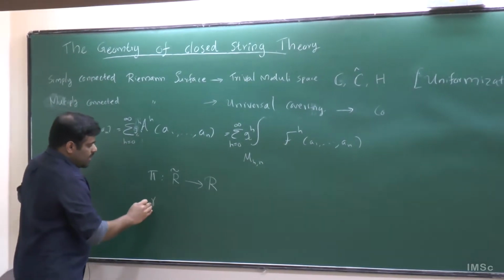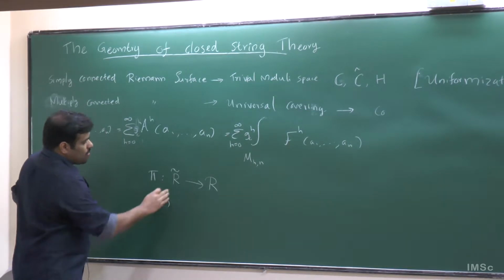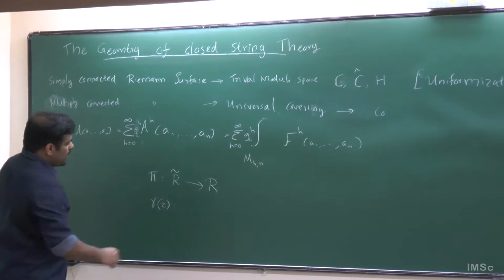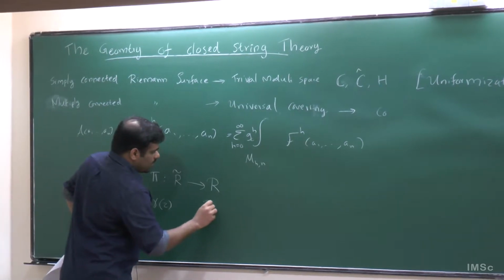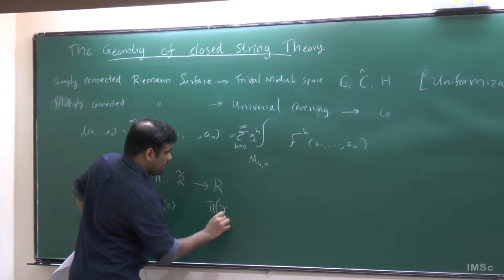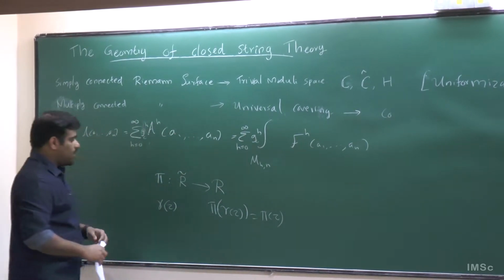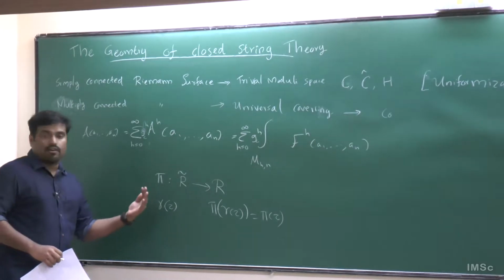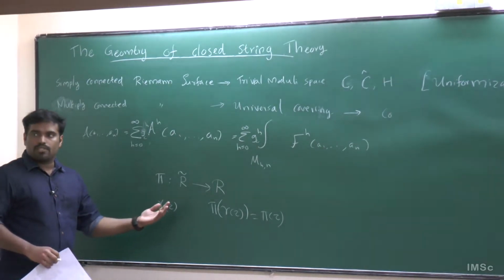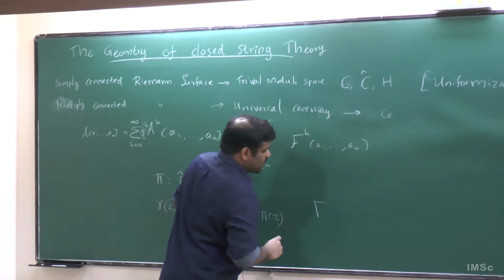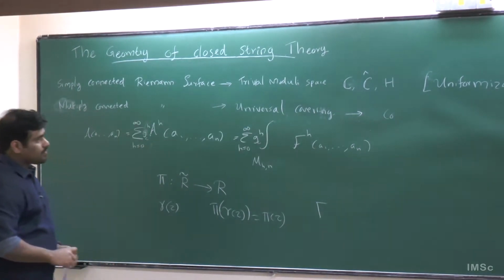The gamma transformation takes a point c on R tilde to gamma of c. Then if pi of gamma c is exactly equal to pi of c, we call such a transformation a covering transformation. And all possible covering transformations form a group, which I denote by capital gamma.